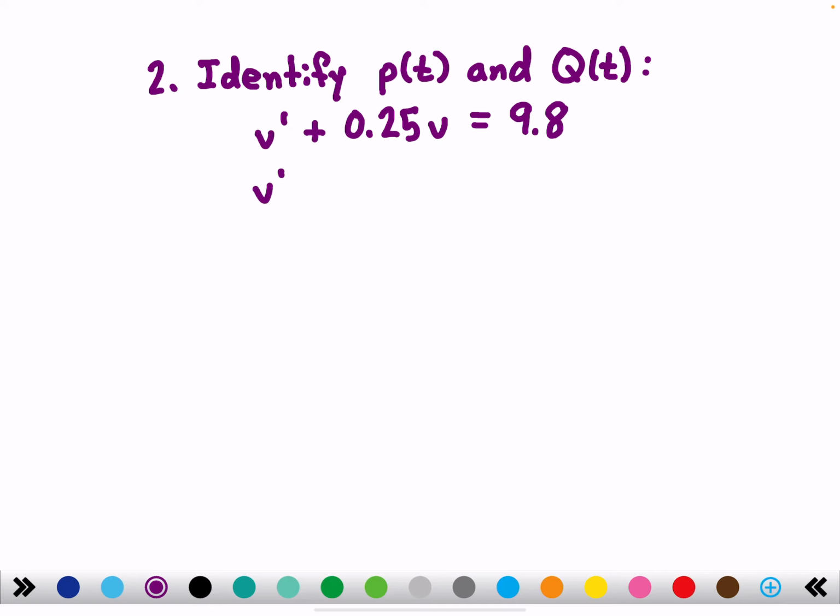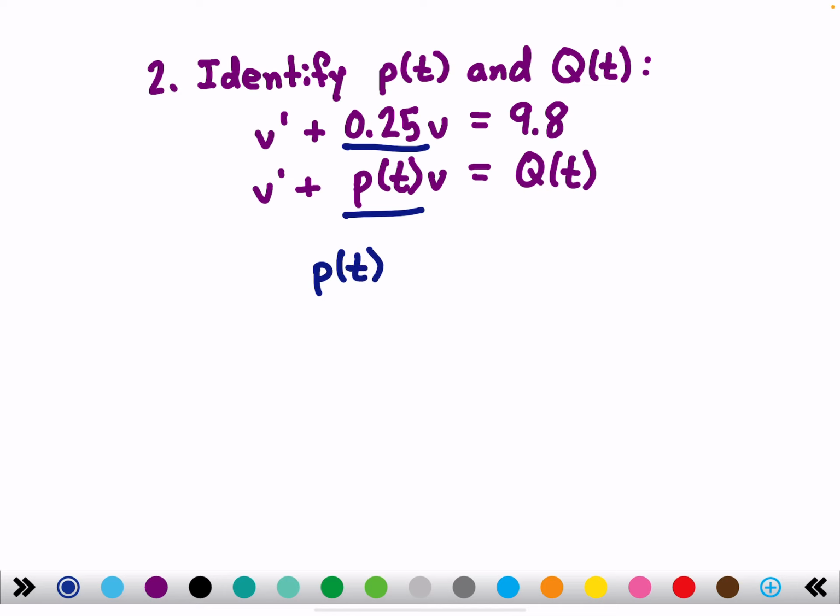Now let's write out the main form. V prime plus p sub t times v equals q sub t. So when we compare this, that means p sub t is equal to 0.25 and q sub t is equal to 9.8.